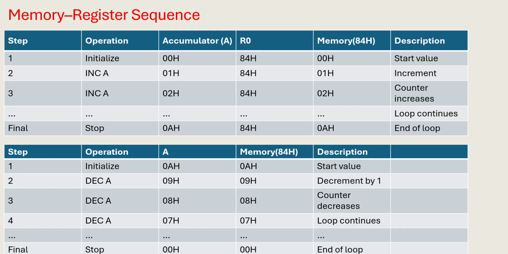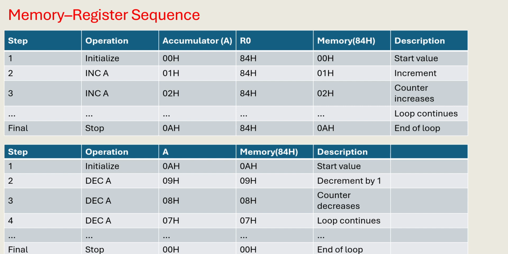Let's see the memory register sequence. This table shows how the values in the accumulator, register R0 and memory change during execution of both loops. In the increment loop, A and memory start from 00h and go up to 0Ah. R0 remains fixed at 84h since it is the pointer to the memory location.